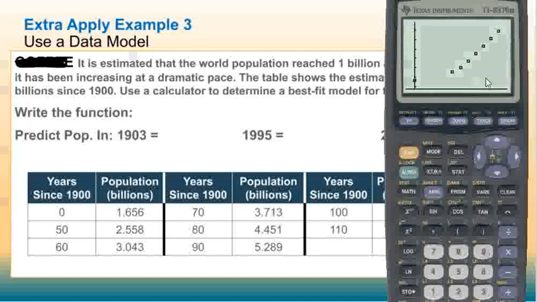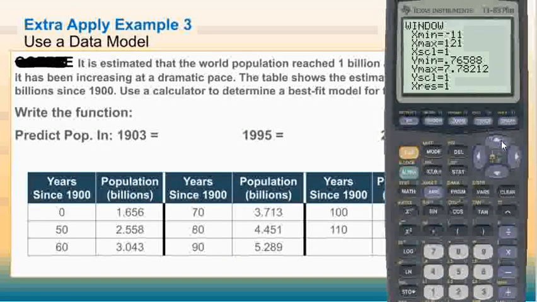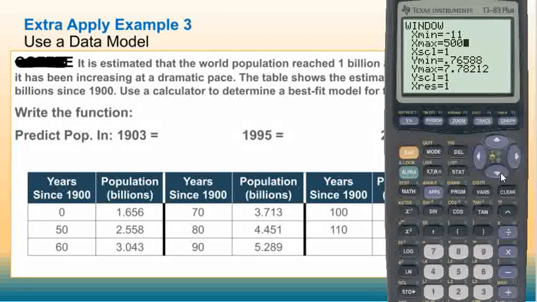Okay, so for that one, if I were to expand this one, let's make this, actually if I did this 500 scale, let's count by 100s. Then hit graph.